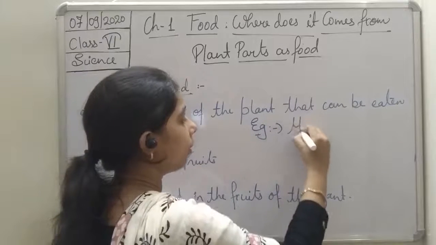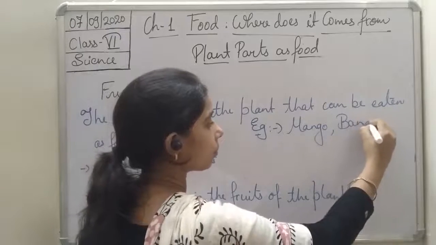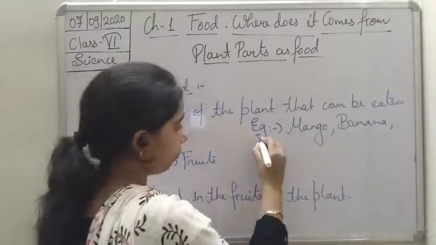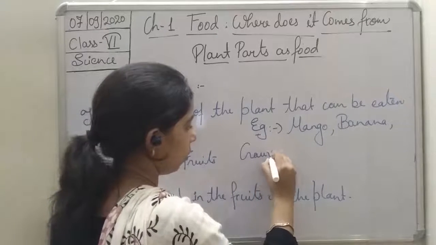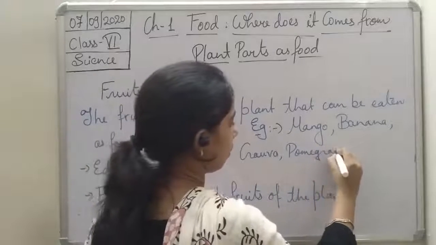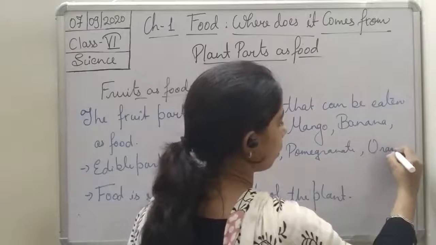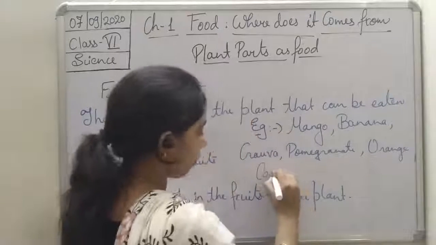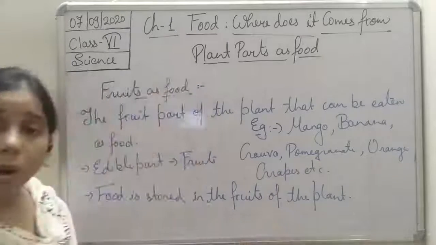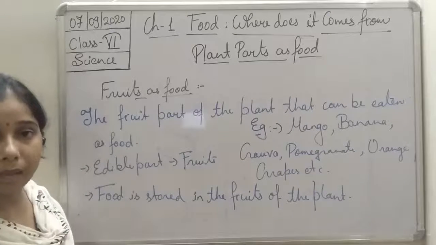A lot are there, like mango, banana, guava, pomegranate, orange, etc. So these are all the different kinds of fruit, student, that we obtain from the plant as a food.